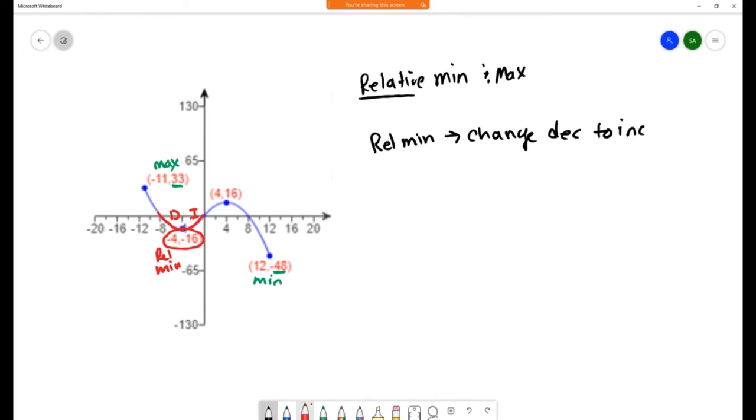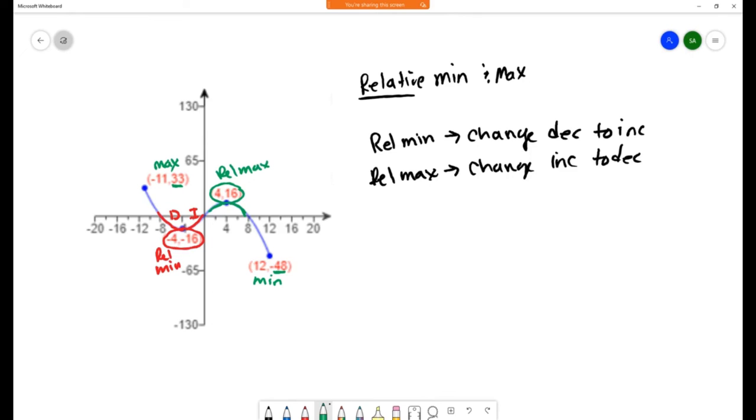For the definition of a relative maximum, your book uses the change from increasing to decreasing. So right here, to the left of this point, we have increasing in the graph, and to the right we have decreasing. So this point would be a relative maximum.